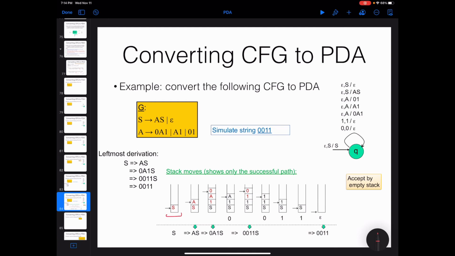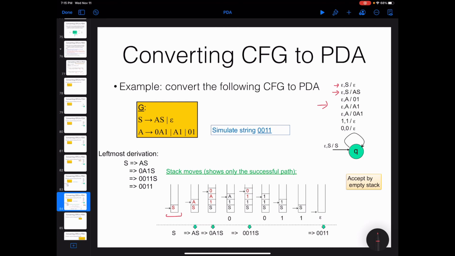Of all of these transitions, the only possible one that will work, except the one which removes S and would not accept the string, is this one. You have to use this transition.